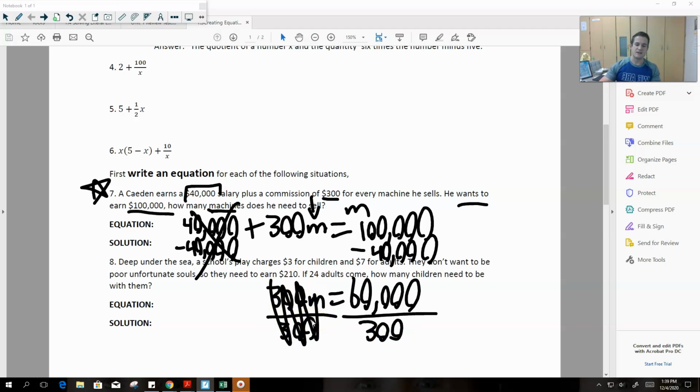And 60,000 divided by 300, if I calculate that out, I get M equals 200. So to reach his goal of making $100,000, Caden is going to need to sell 200 extra machines on top of his regular salary. He's going to need to sell 200 machines to make that extra money.